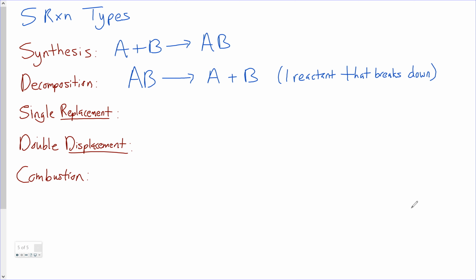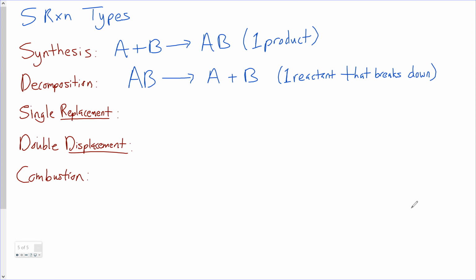You are sticking 2 things together and you're gonna make one thing, okay? You have one product. So you have one reactant, one product. These are ones, all right? You're gonna have 2 reactants that come together to form one product, okay?